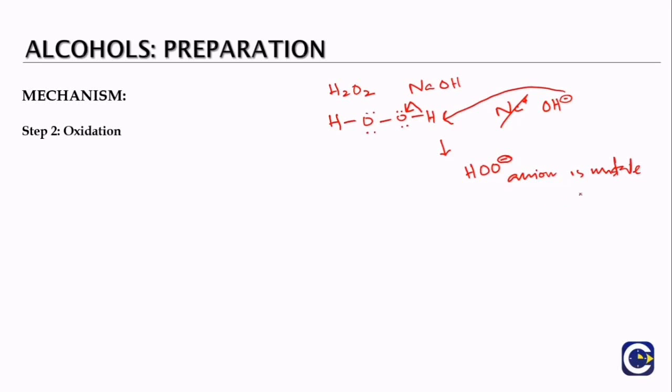Unstable means that it's going to attack any entity that is electron deficient. Here this is now a nucleophile. It has more negative charge, and it loves the nucleus, loves the positive charge. That's why it's going to attack any positive charge, any electrophile that comes in its way.